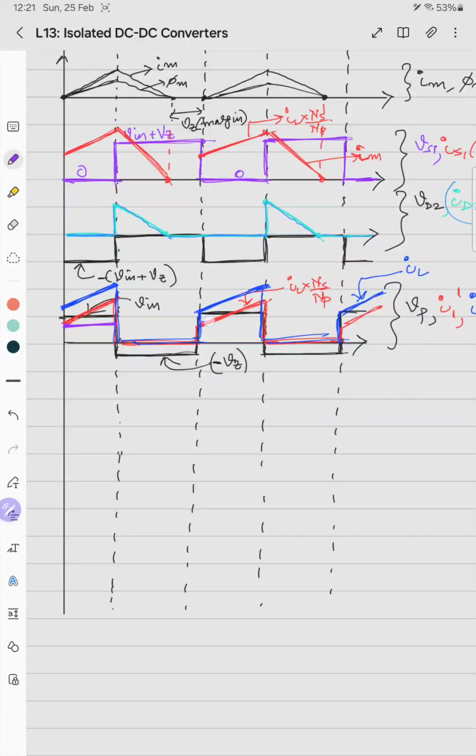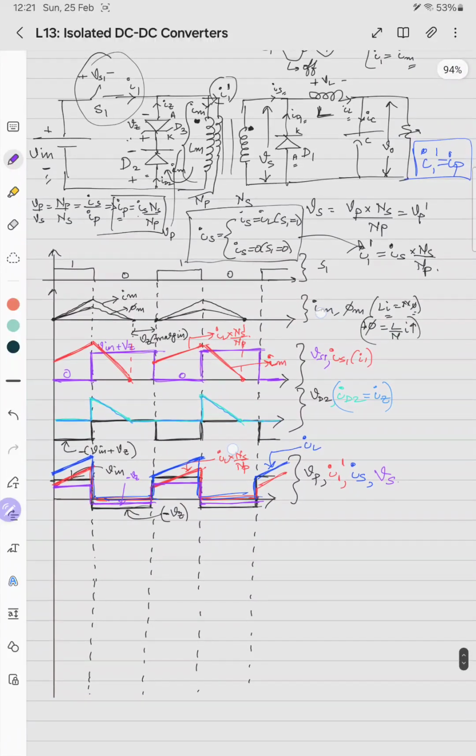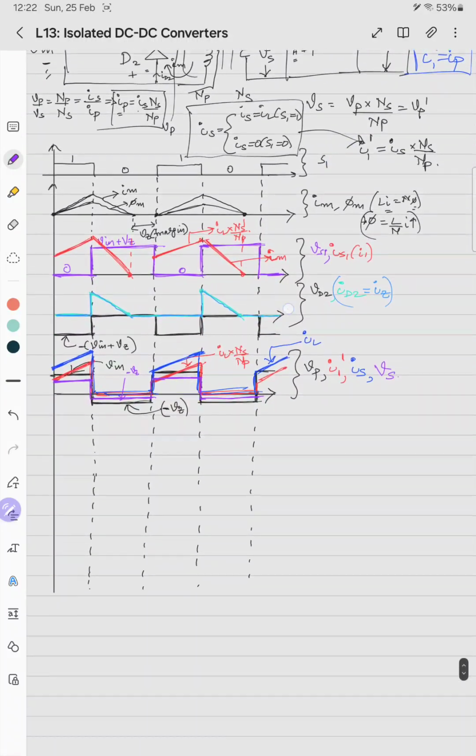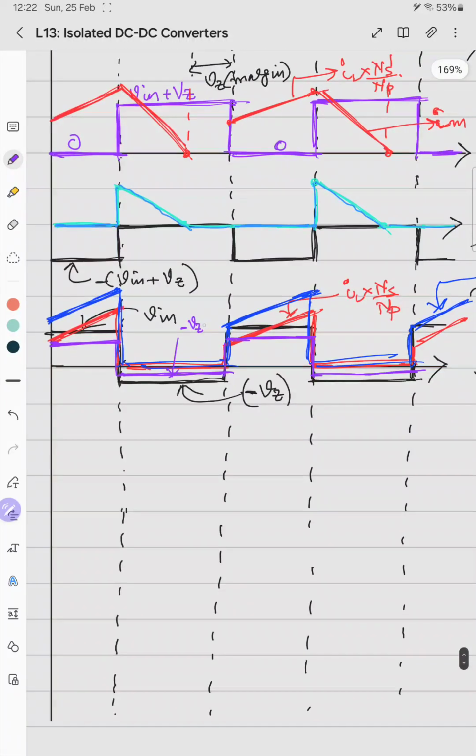This is the voltage VS, and this is this voltage, because it has to be less in both the cases. So the negative portion is minus VZ into NS by NP, since NP is greater than NS, so NS by NP is less than 1.